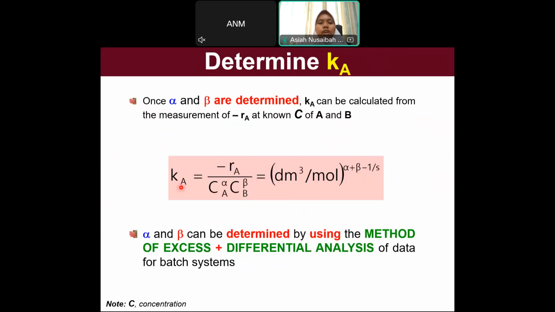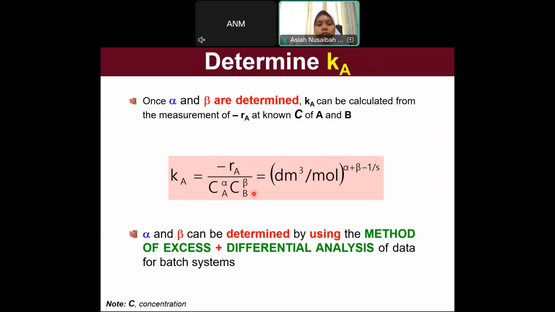Then we have to find kA. We find kA from the formula by rearranging the equation, where minus rA equals kA CA alpha CB beta. We rearrange to find kA. We know minus rA, and we already know alpha and beta.